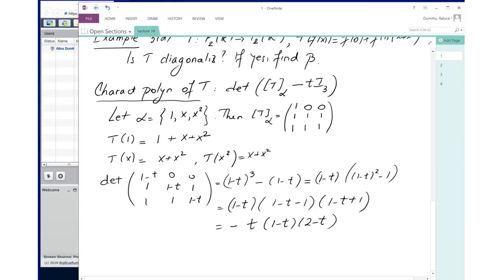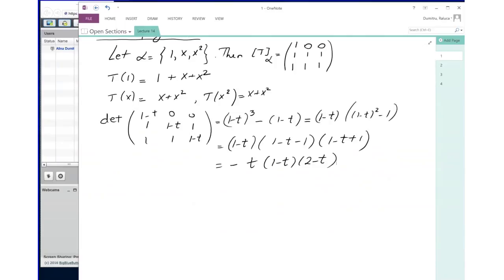And at this point, I realize that is not a very nice example, it doesn't say much, but anyways, let's continue. Why am I saying that? Because this operator has 3 distinct eigenvalues, in which case we already know it is diagonalizable, right? We've seen that before.